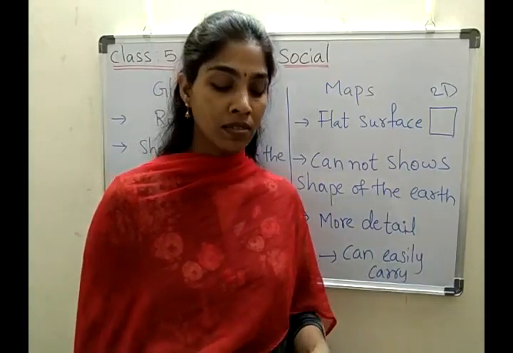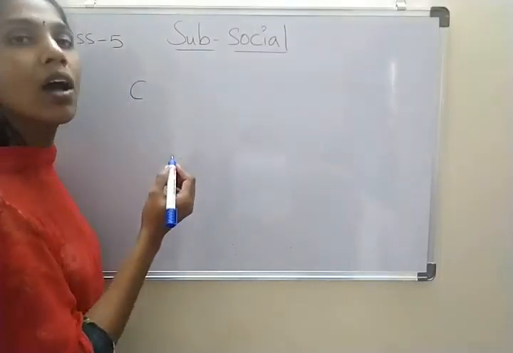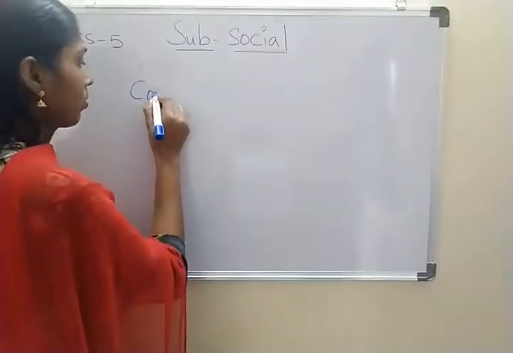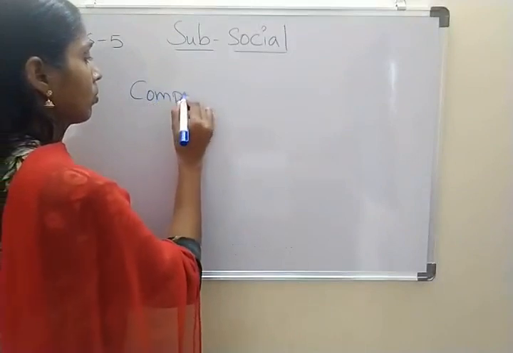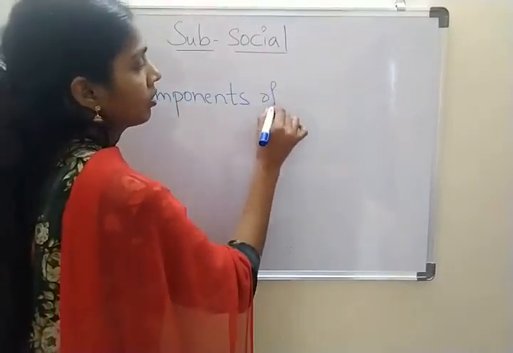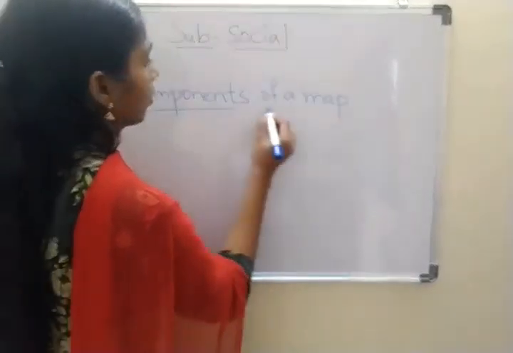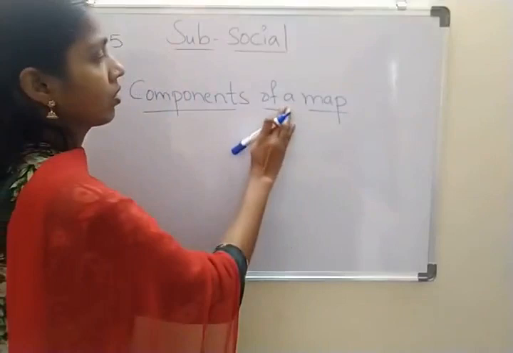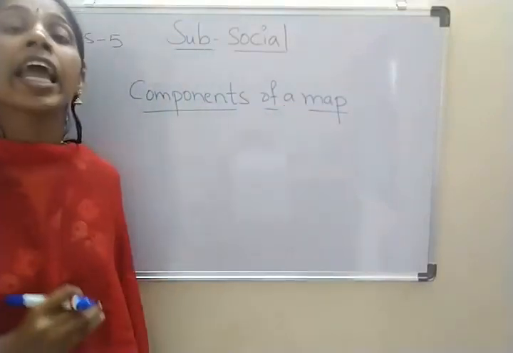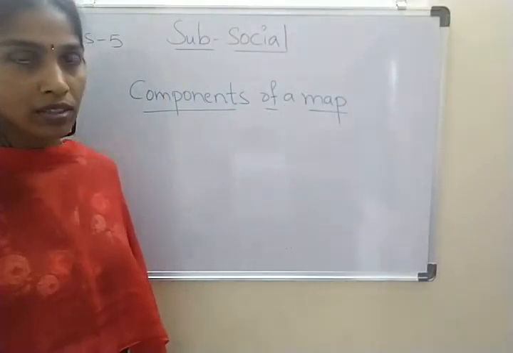Understood, children? Children, now we learn about components of a map. Children, every map has a few specific components. Okay?